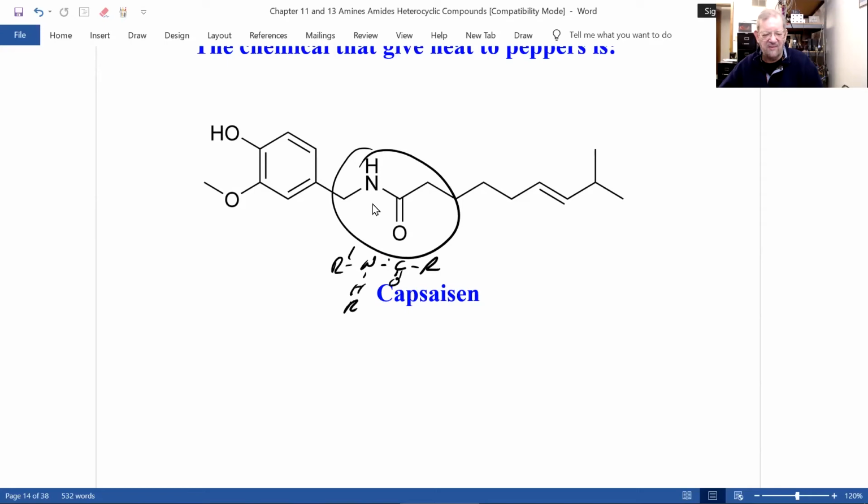And remember, our R double prime can be hydrogen. So this is an amide. It also has a benzene ring, has an ether, has an alcohol, and it also has a double bond. There's a lot going on there. Now, why does your body interpret this as hot and blazing hot? I have no idea, but I know it does. And the more in a pepper it is, the hotter it is.